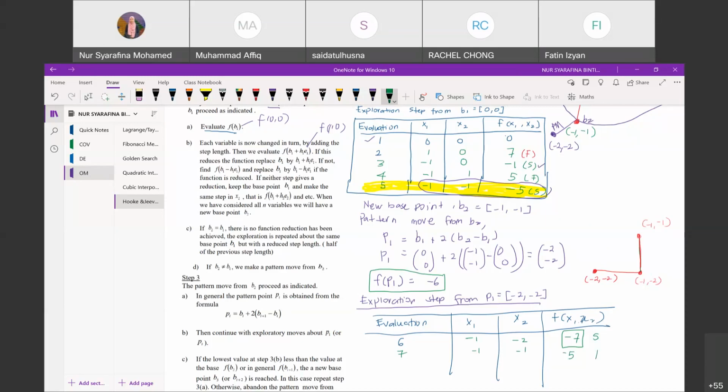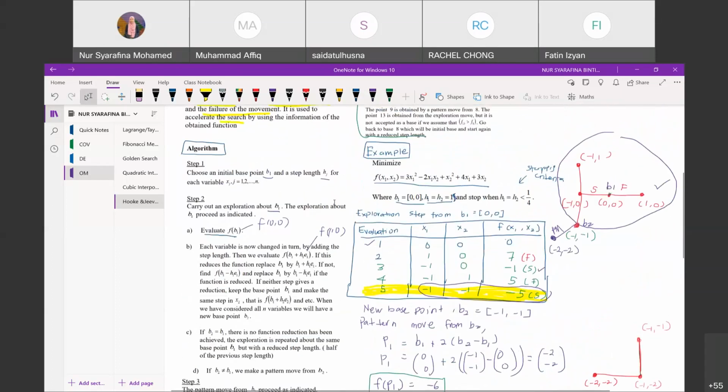Fail. Why fail? Because it increased from FB1, this one.